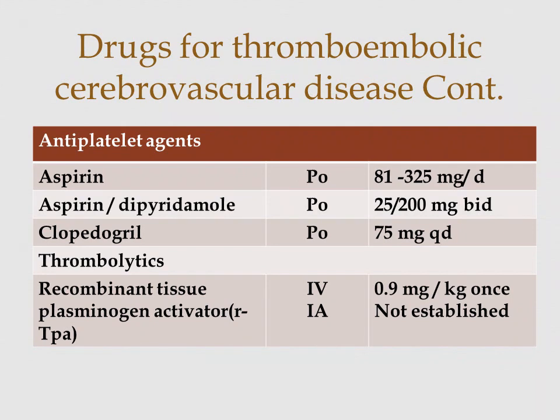Clopidogrel per oral, 75 milligram, given also once per day, I think. Thrombolytics. This is the famous drug, recombinant tissue plasminogen activator, rtPA, given IV 0.9 milligram per kg once, and also given intra-arterial, still not established.